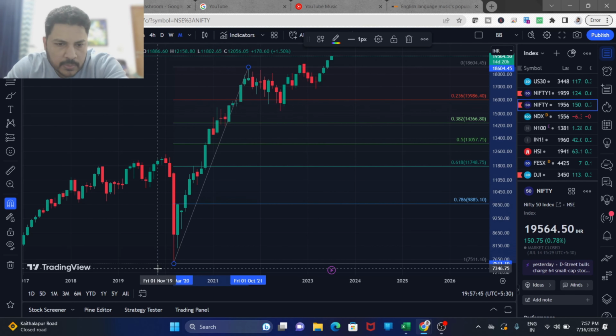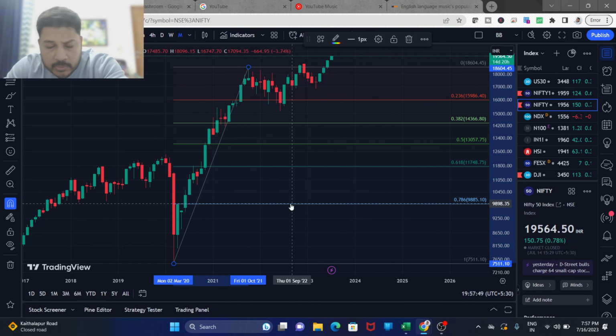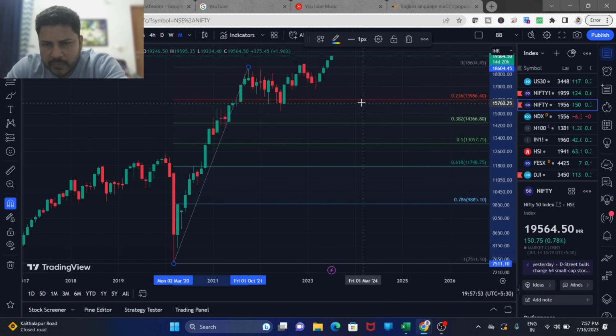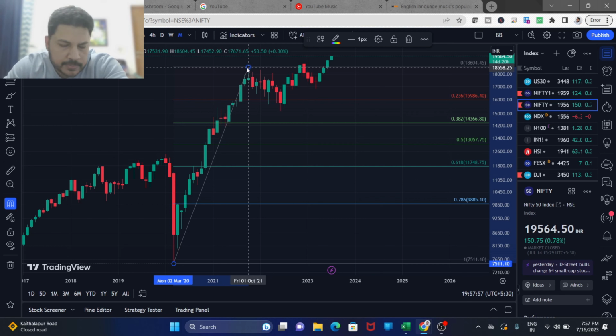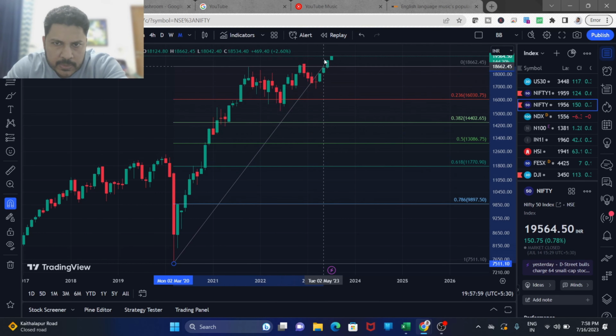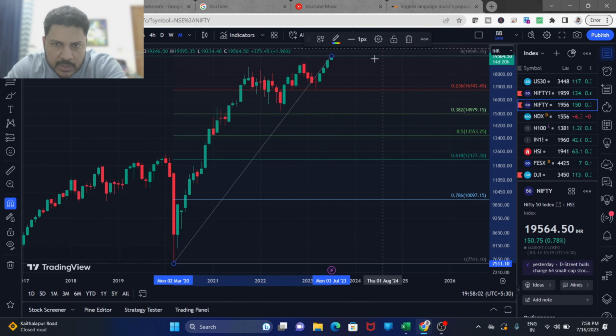So on a bigger time frame, what is the market telling us? If you see a drop in the market from this point, which is a new high, there is a further up move which will happen because the breakout happened from this level. This was the previous level where it consolidated for a while and then gave a breakout.